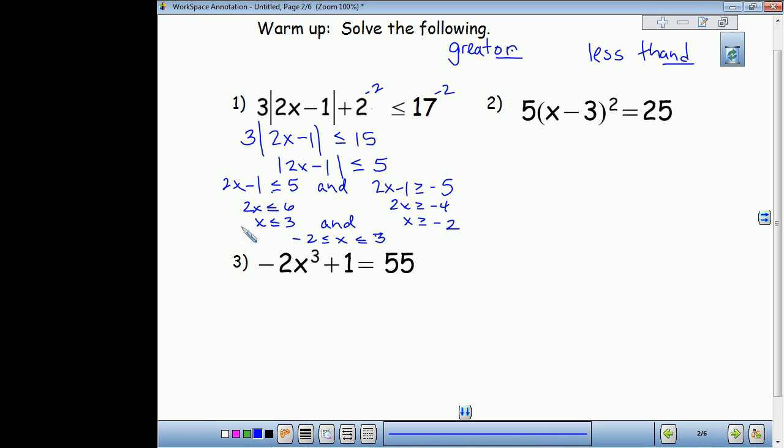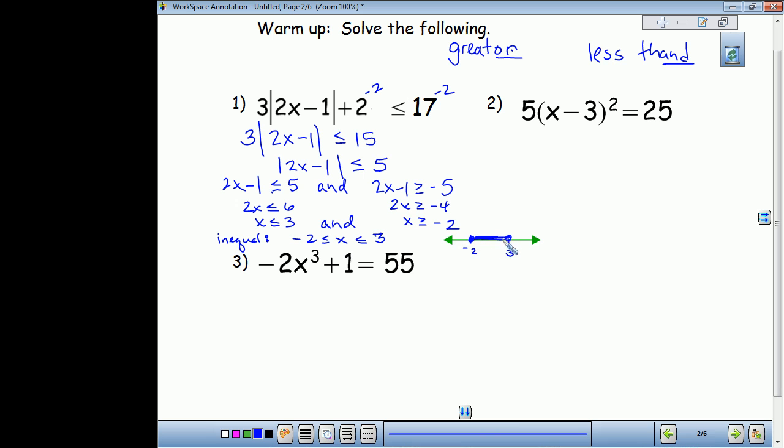Alright, so this is what the inequality looks like. And on the last quiz, a few of us knew how to answer it, but then didn't know which one was which. If it has inequalities in it, it's the inequality. Okay? And then we have the graph. So the graph of this one would come together, so we would have a closed circle at negative 2, a closed circle at positive 3, and shade in between.